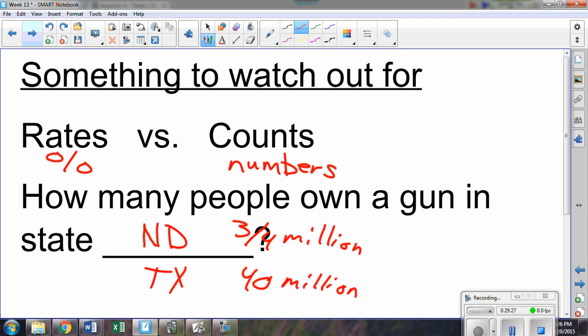It's not fair to compare a small population versus a large population. In that instance, we could compare the rates. Not how many people, but what percent of people. It is always fair to compare percentages. It's not always fair to compare counts.